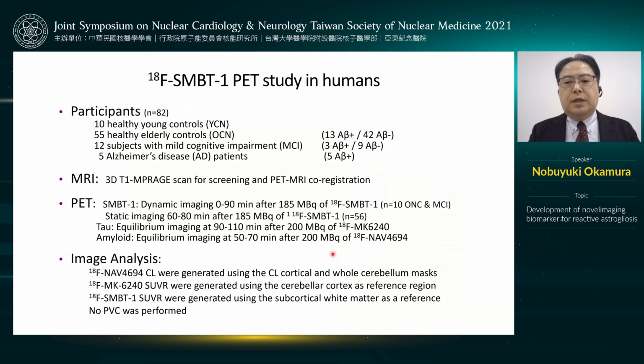So we started the clinical PET study using SMBT1 at Austin Health, Melbourne. We examined 10 healthy young controls, 55 healthy elderly controls, including 13 amyloid positive preclinical AD cases, and 12 subjects with MCI and 5 AD patients.